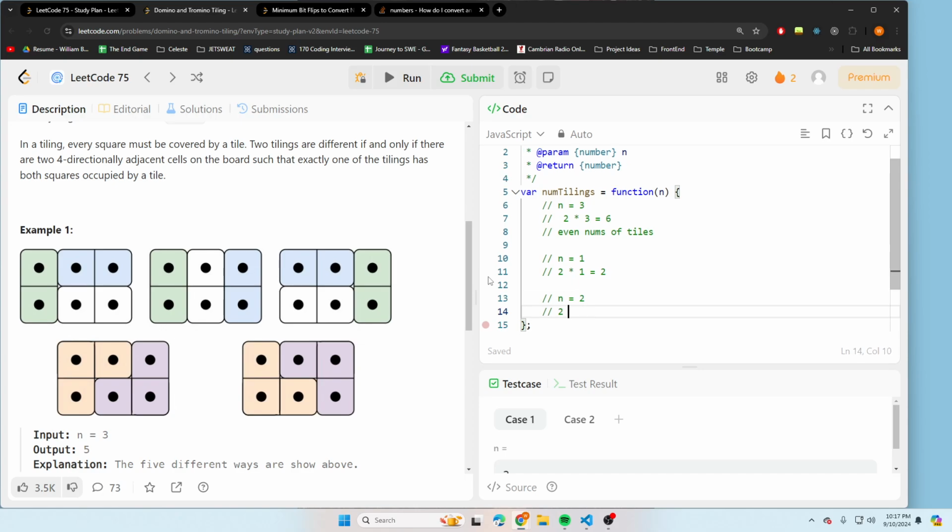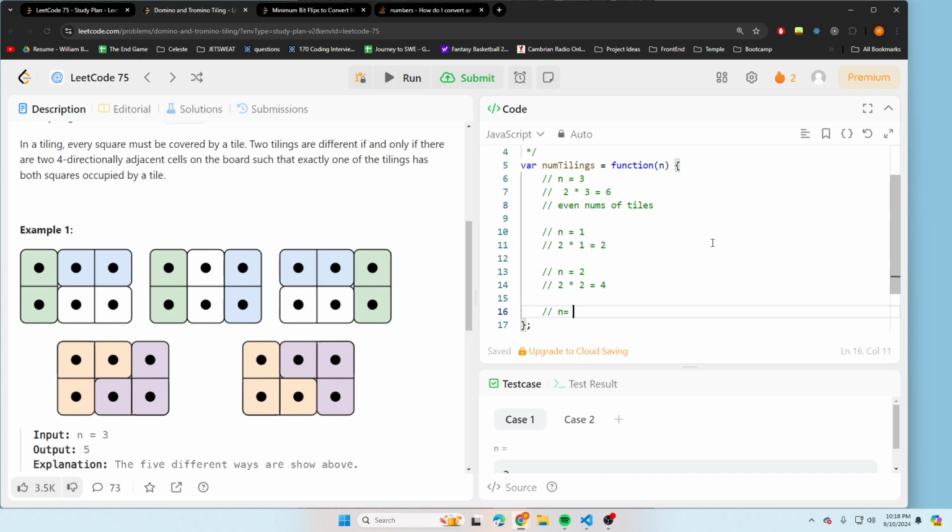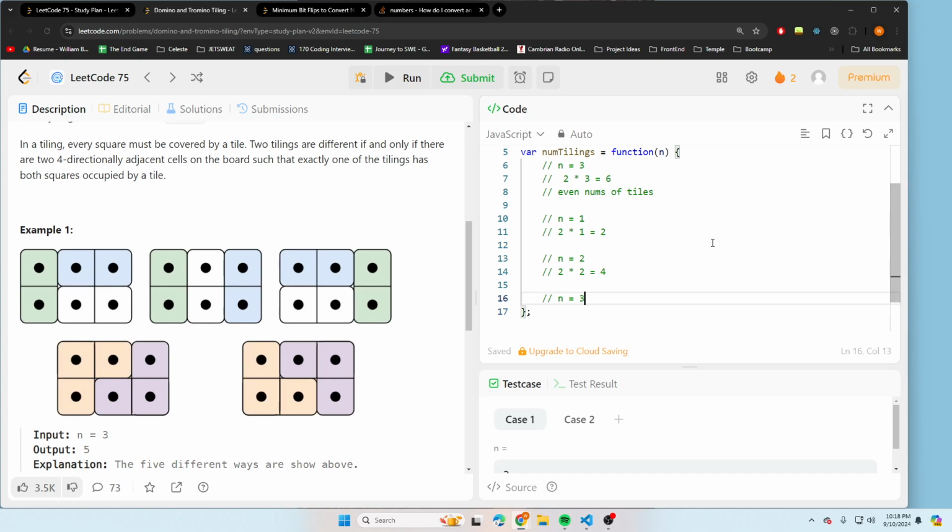It's going to be 2 times 2 equals 4. How many ways can you put a 4? With the domino, I'll need that. Makes sense? So let's see, if n equals 3, then you get that. Answer is 5.